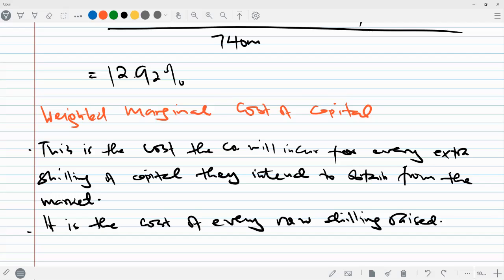Let me look for a question that's asking us to get a weighted marginal cost of capital, because sometimes the examiner does ask from this area. It's exactly the same process, but in case you may not have done that question, it might throw you off balance.